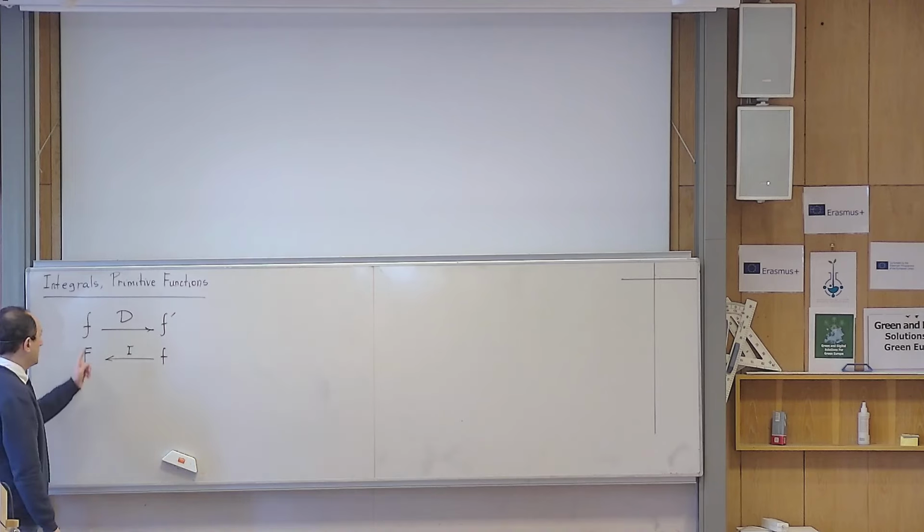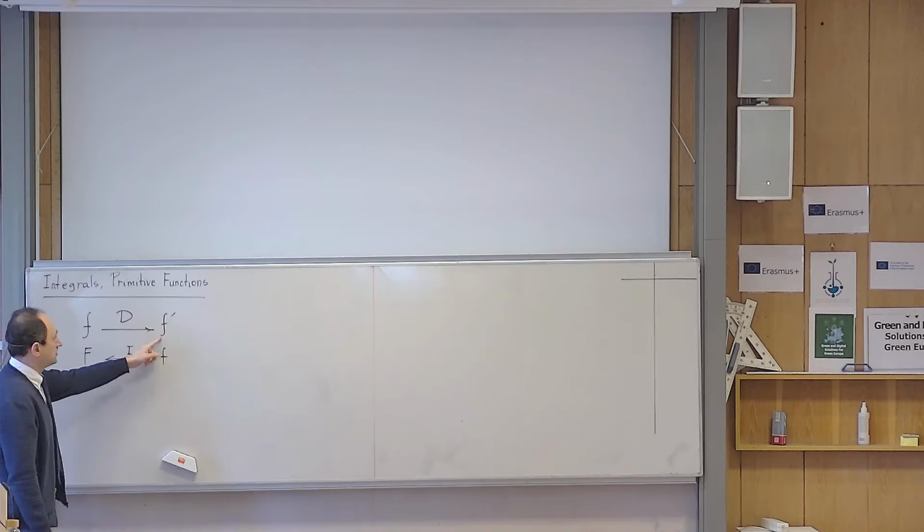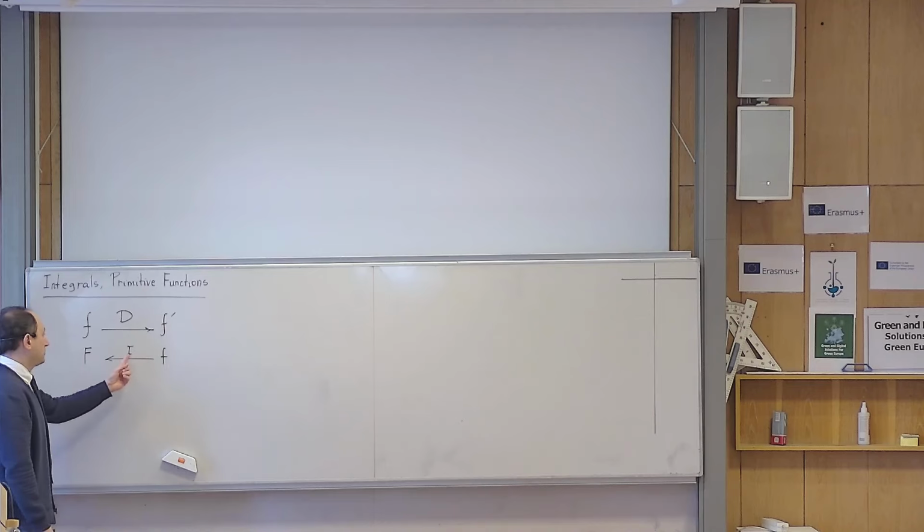When I go from f under differentiation, the result I get is denoted by f prime. And for primitive functions, I give you a function, you do the primitive function finding process, and what you get is denoted by the capital letter.